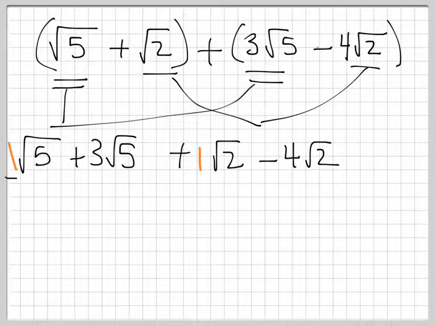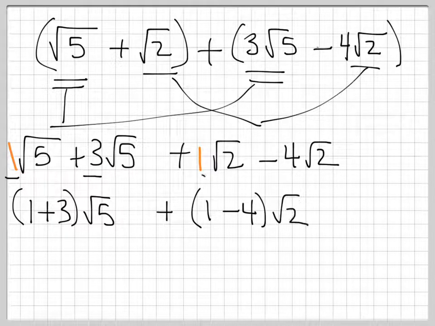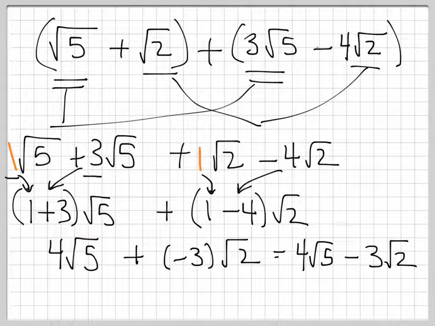And so all you have to do is combine the numbers in front, like that. And there's the 1, there's the negative 4, there's the 1, there's the 3. And the answer you get is 4 radical 5 plus negative 3 radical 2. And a slightly nicer way of writing that is 4 radical 5 minus 3 radical 2.